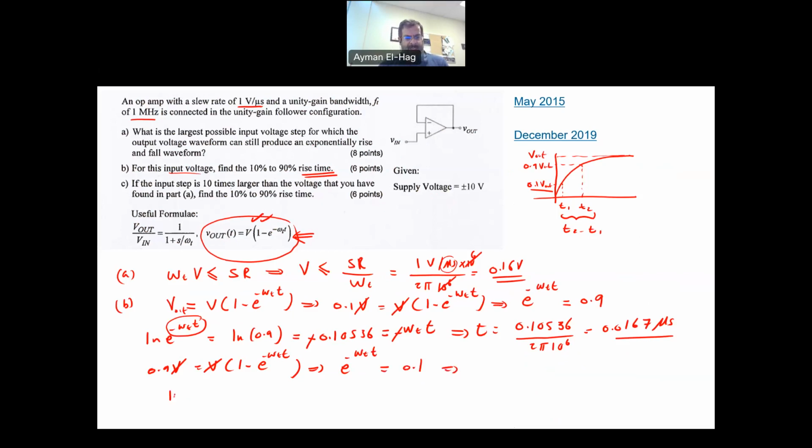So we'll have minus omega t times t equal to ln of 0.1, which is equal to minus 2.3025, and from this you can find your t, which will equal 0.36647 microsecond. So this is your t2, and that was your t1.